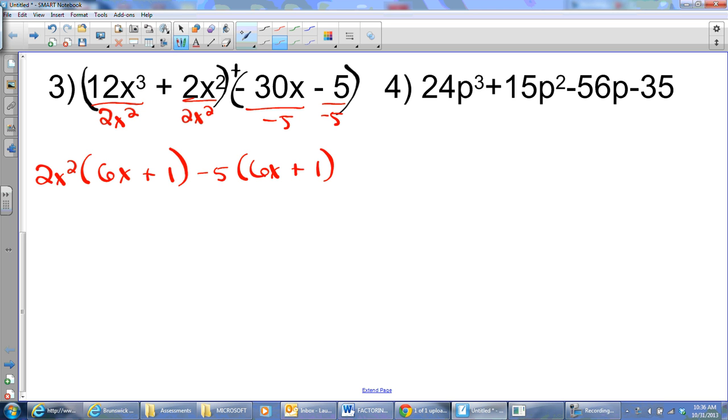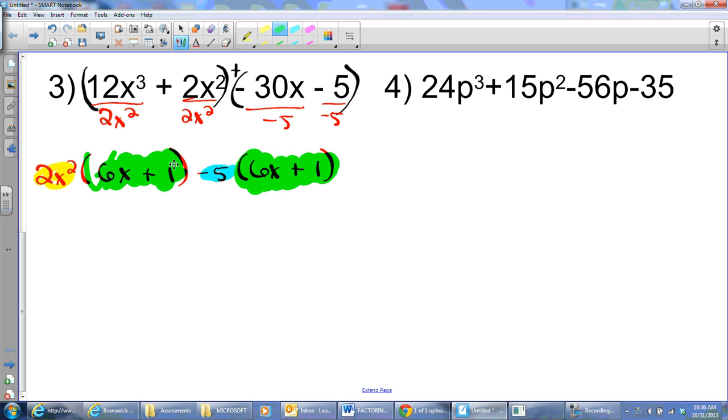And so I'll have a minus 5 times the quantity of 6x plus 1. And notice, once again, I have 2x squared and then multiplied by 6x plus 1, right? And then over here, I have a negative 5, but I also have, once again, multiplied by the 6x plus 1.